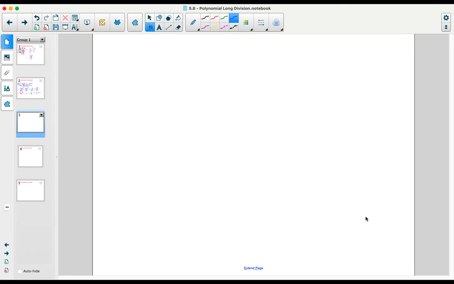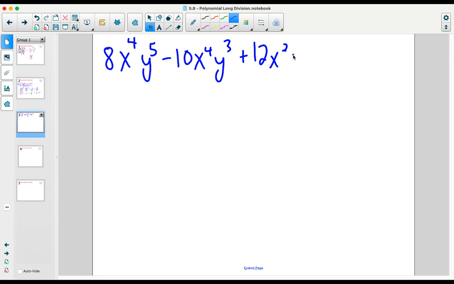Let's look at another one of the same type. 8x to the 4th y to the 5th minus 10x to the 4th y to the 3rd plus 12x to the 2nd y to the 3rd, all of that over 4x cubed y squared.